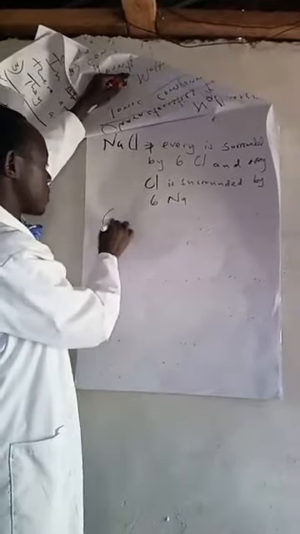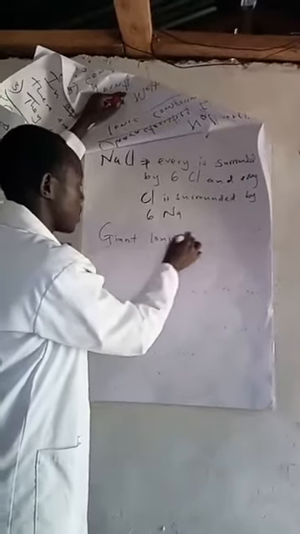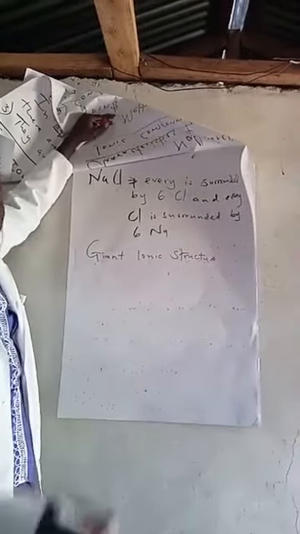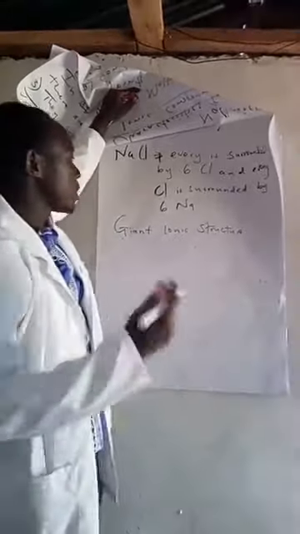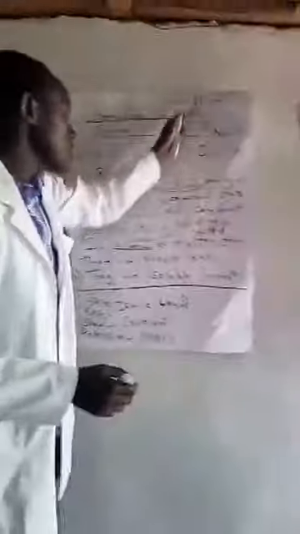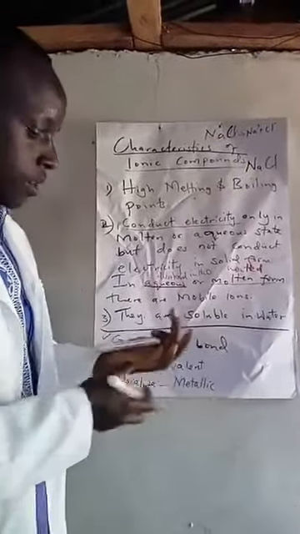In so doing, they form what we call a giant ionic structure. That's why we define the structure as a pattern. So this is a repeated pattern to form a sodium chloride crystal. So these are the characteristics of the ionic compounds.